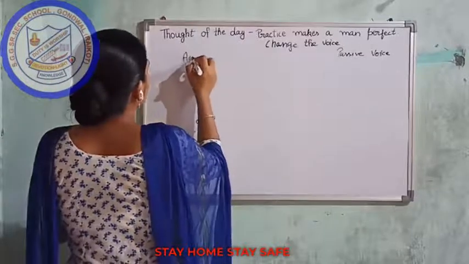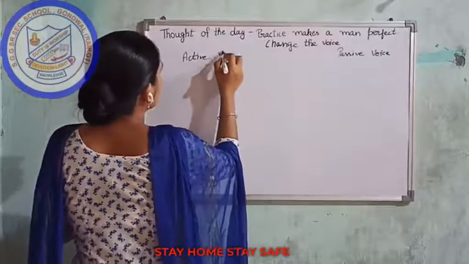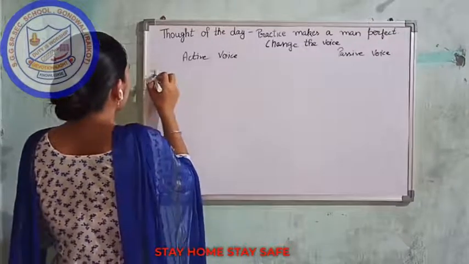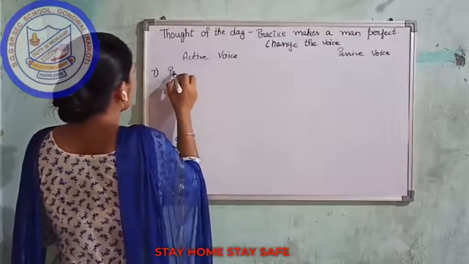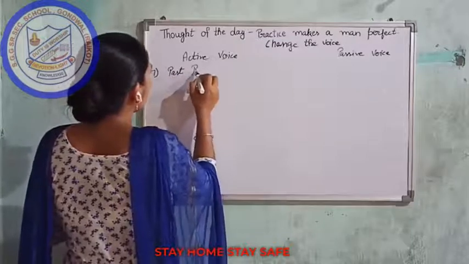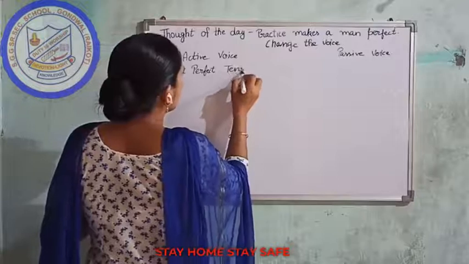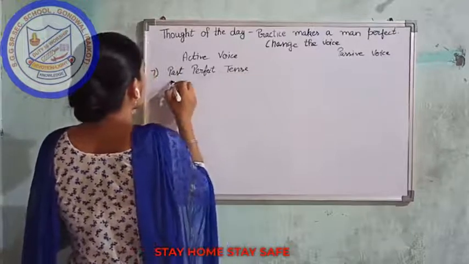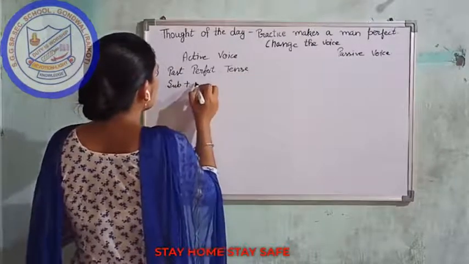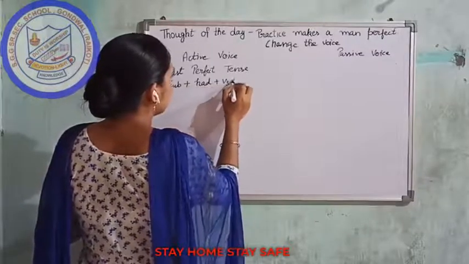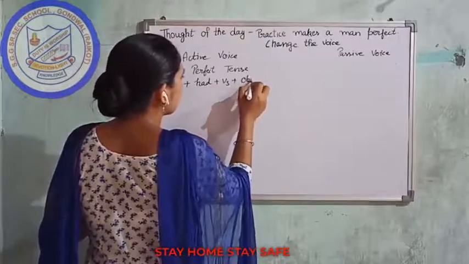Past perfect tense. What is the indication of past perfect tense? Subject, had, be3 and object.